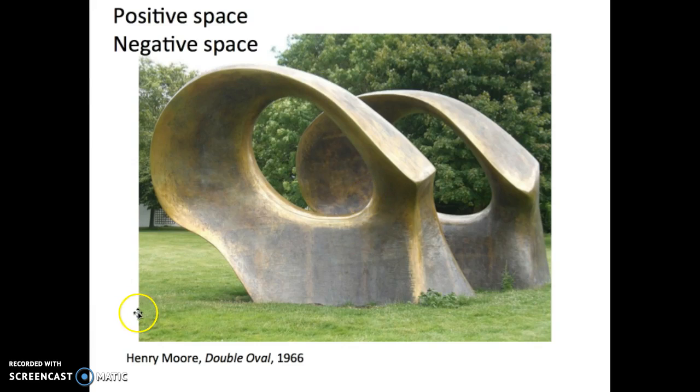So if we were to actually encounter this sculpture in real life, we could stick our arm through this hole here. So we'd be sticking our arm through negative space. We couldn't stick our arm through this big sculpture here, though. We would just touch it, which of course we wouldn't really want to do.